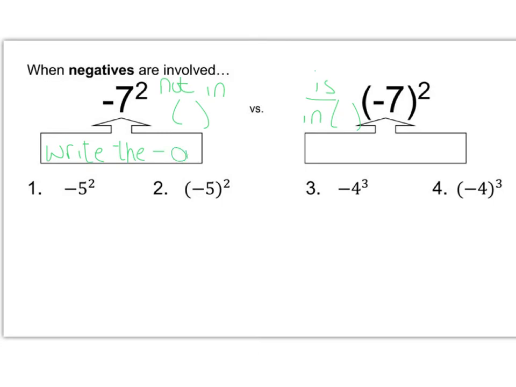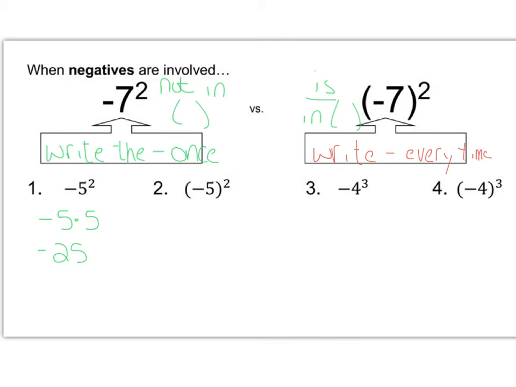So you write the negative once, okay? So if you see number 1 here, that is -5 squared, but the negative is not in parentheses. So you're going to say negative 5 times 5. I only wrote it one time, and I get -25, okay? If it is in parentheses, like over here, you write it every time.